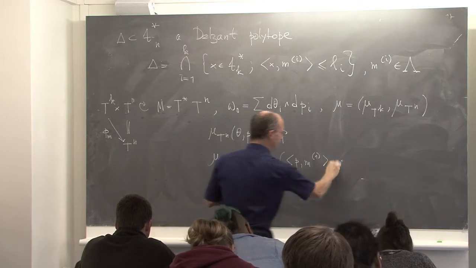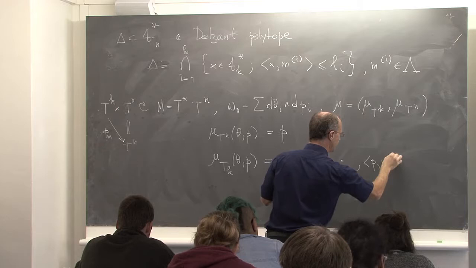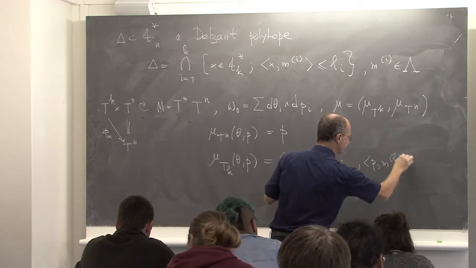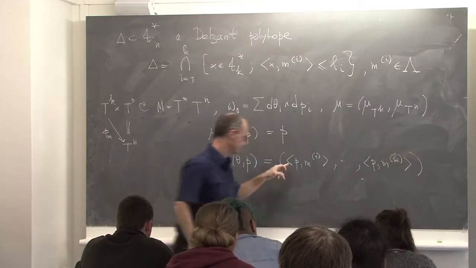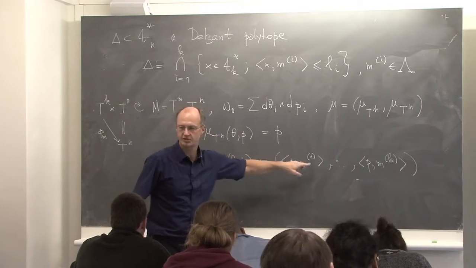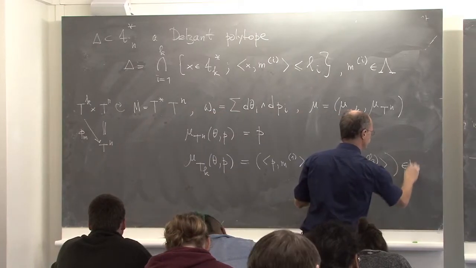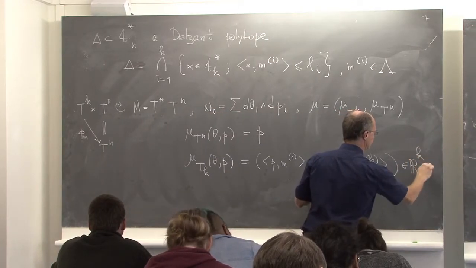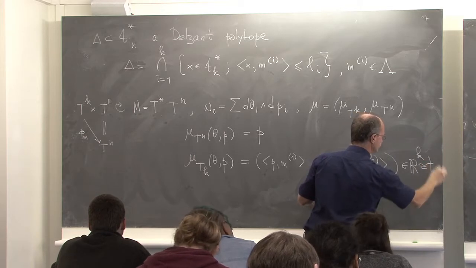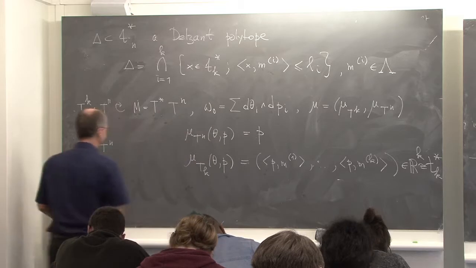So it will be a k component vector simply given by dualities, evaluations of those p's on m's. So this is in R^k, which is isomorphic to Tk star.